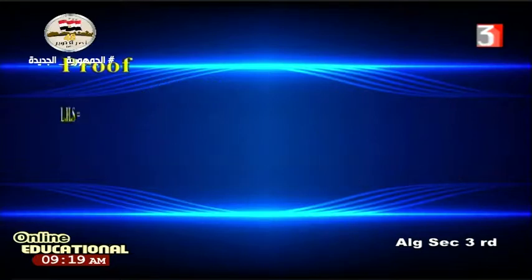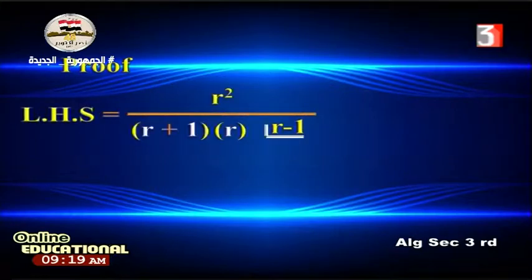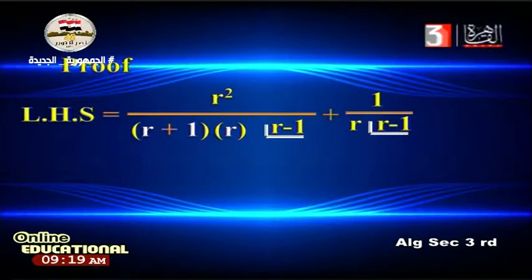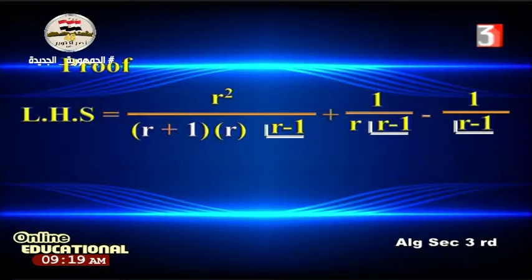Look at, my dear student, the left-hand side. r squared over factorial r plus 1 equals r squared over r plus 1 times r times factorial r minus 1, plus 1 over factorial r, in the denominator equals r times factorial r minus 1, minus 1 over factorial r minus 1.